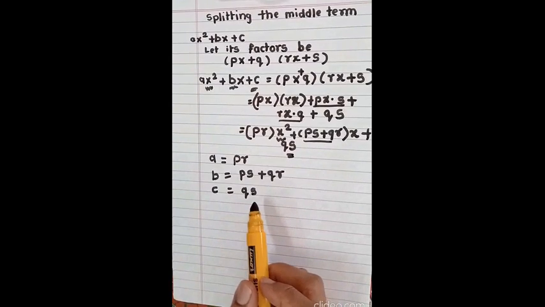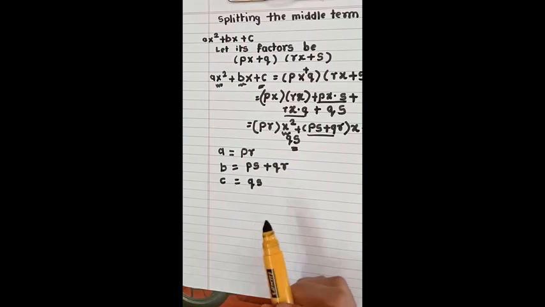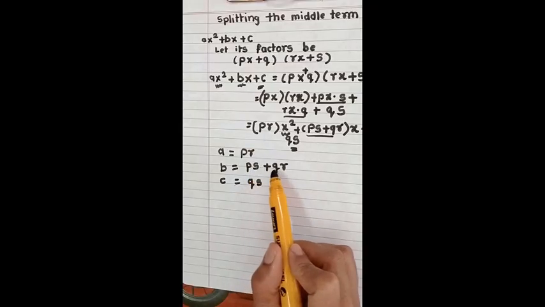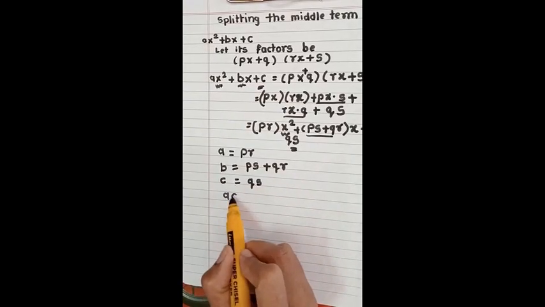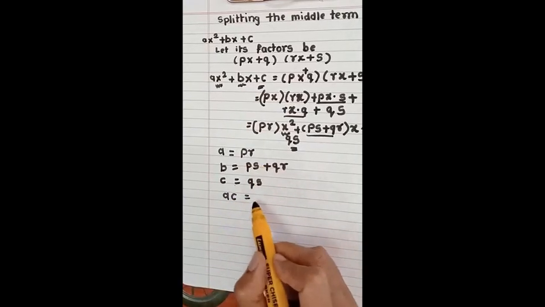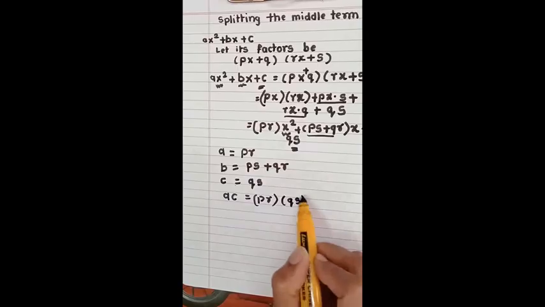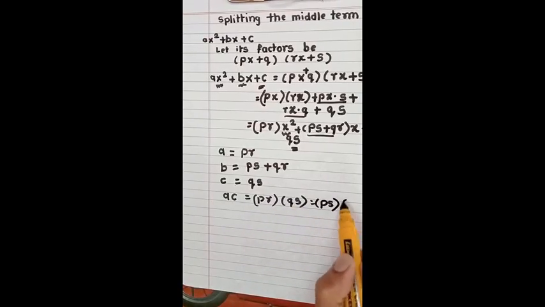So you get here the coefficients which are equal. This shows b is the sum of two numbers, that is ps and qr, whose product is ac. If we find the product ac, what is the product? pr into qs. That means we can write ps times qr.